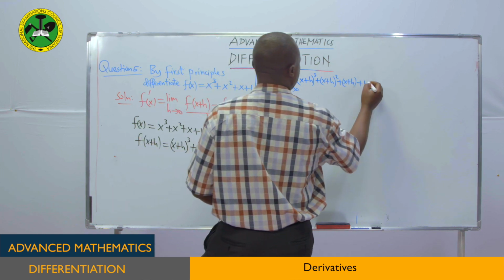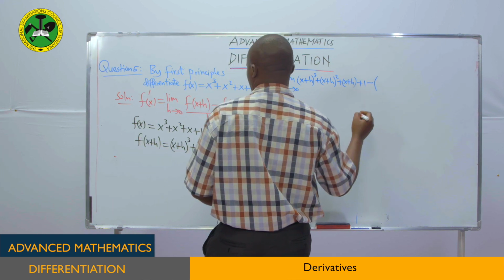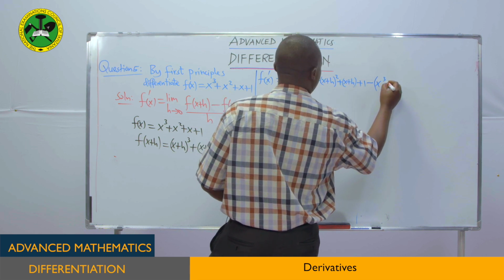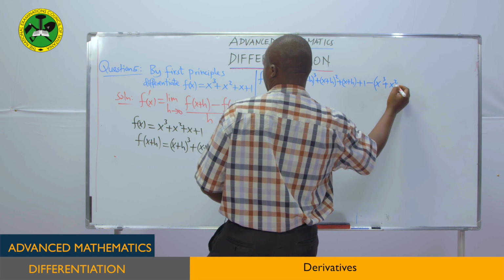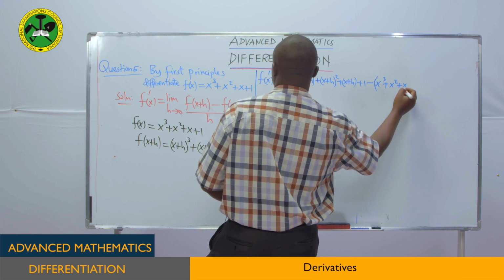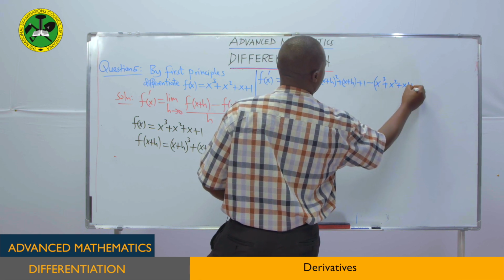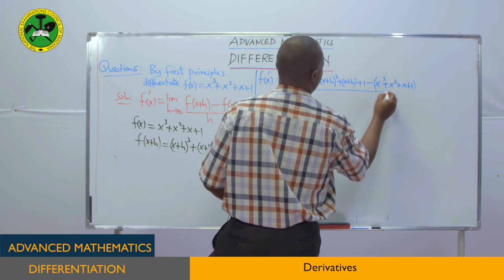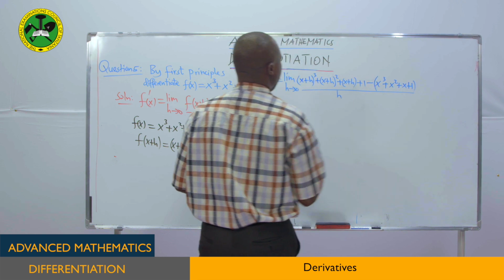Now this one minus our function, which is x cubic plus x squared plus x plus 1. So this one over h.